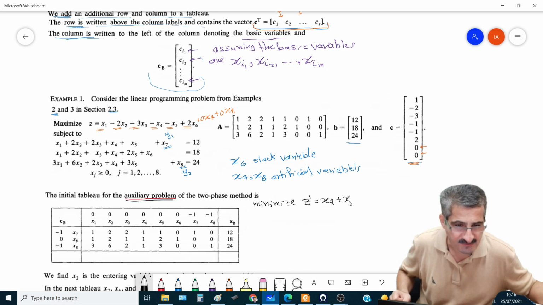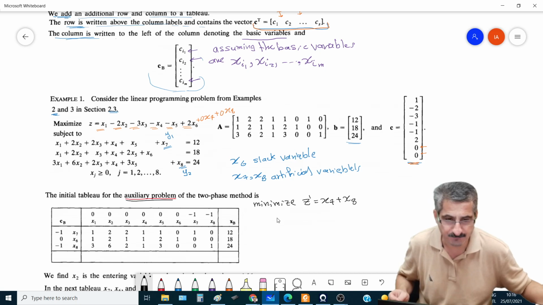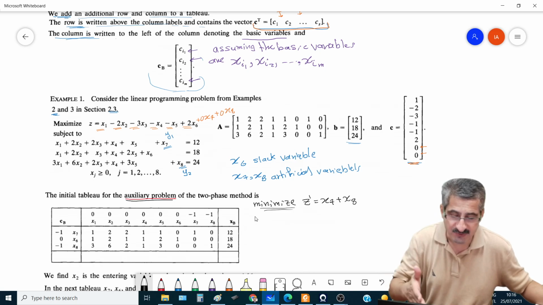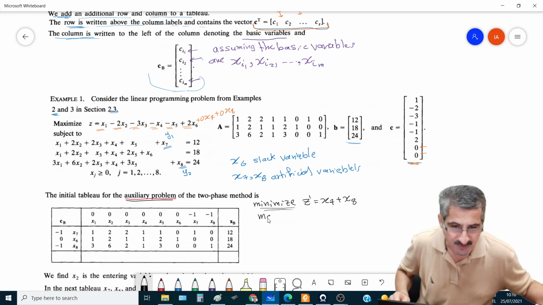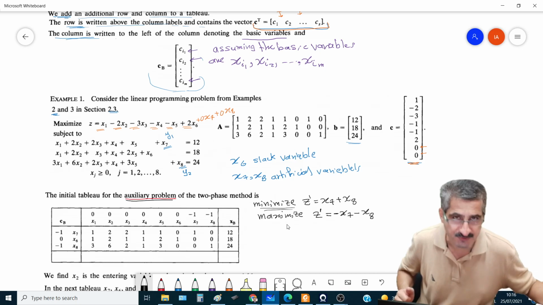To work the simplex method, we convert it to a canonical form, so we convert this to maximize Z prime equals minus x7 minus x8. We convert the minimize to maximize, but we multiply the objective function by -1.